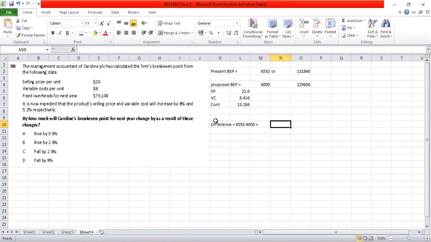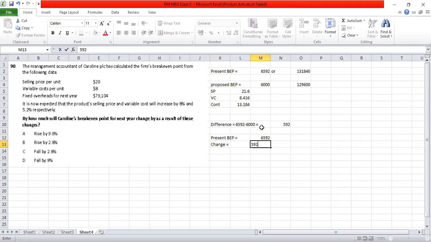So we just have to convert it into percentage. The logic will be divided by the present BEP of 6,592. Change is equal to 592.